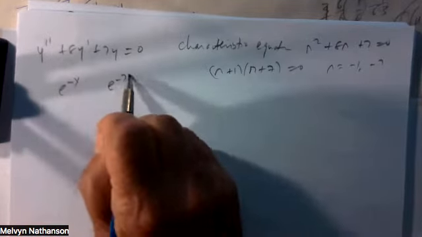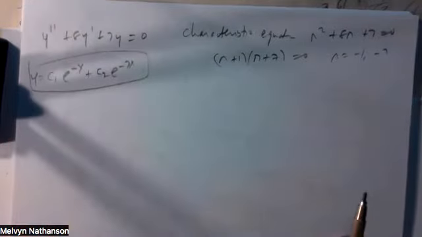So the solutions are r equals -1 and -7. So e to the minus x and e to the minus 7x are solutions, and every solution is some linear combination of these two. Right? That's all there is to it. We just found the general solution to this differential equation.